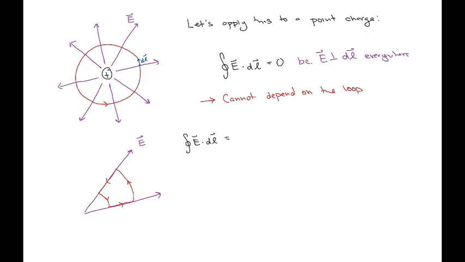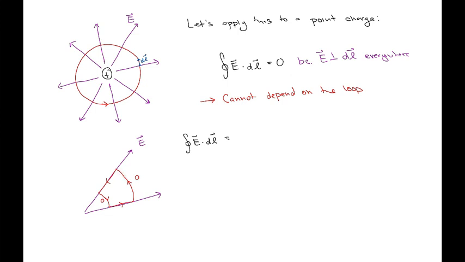Here, I can't just make an argument that it's going to be zero. If I look here at my closed path, I can make the same argument that it would be zero here and here, because of course the electric field is perpendicular to our dl on those two sides.